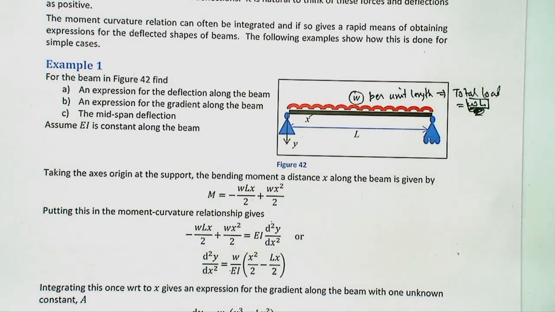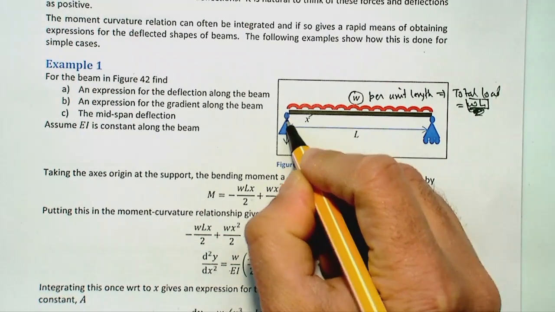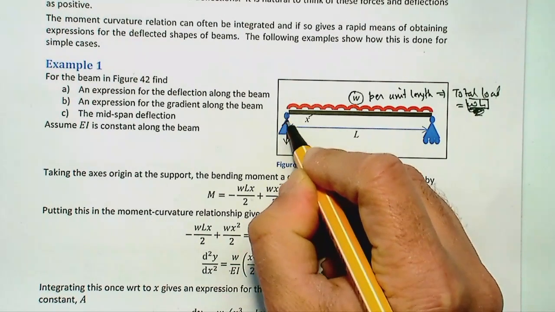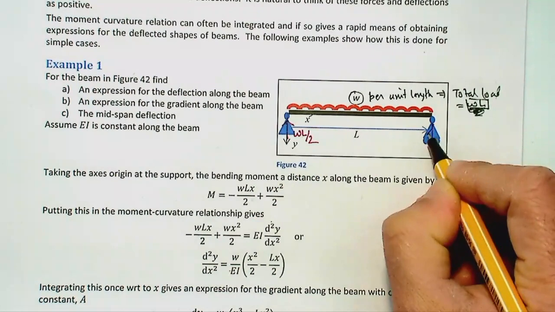Total load is WL. The reaction force in this case is half of that load because it's symmetric, WL over 2.